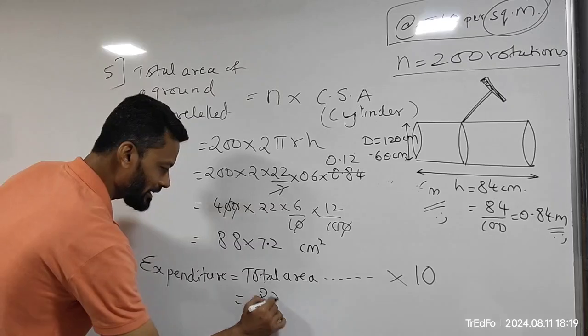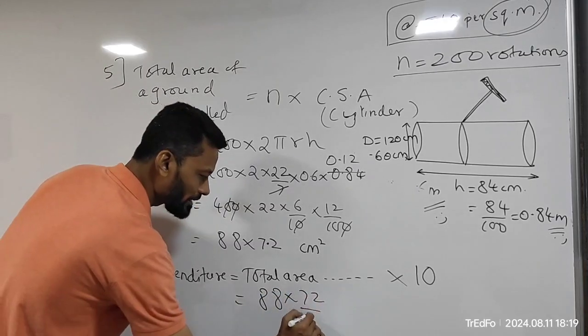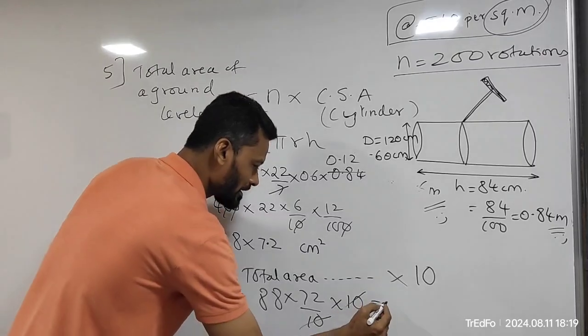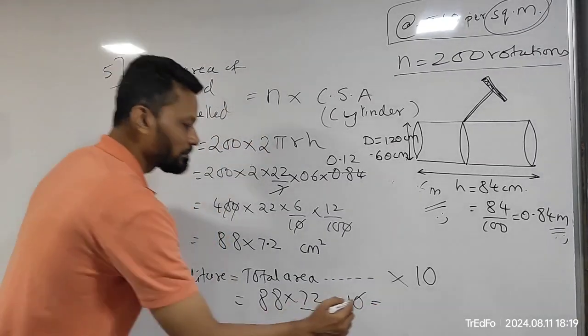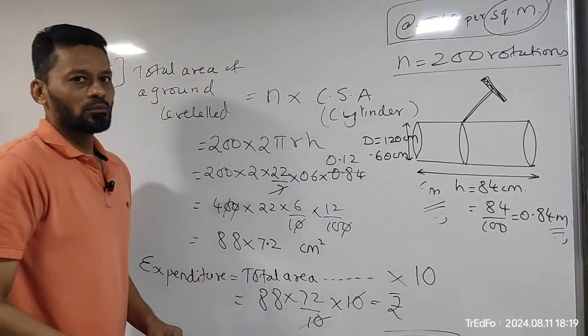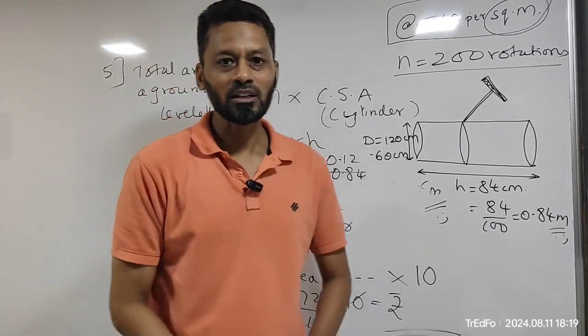So it's 88 into 72 by 10. I'm writing 7.2 this way, and then 10. Cancel this. 88 into 72 will be the expenditure. Don't forget to write the unit rupees. Otherwise, you may lose half a mark.